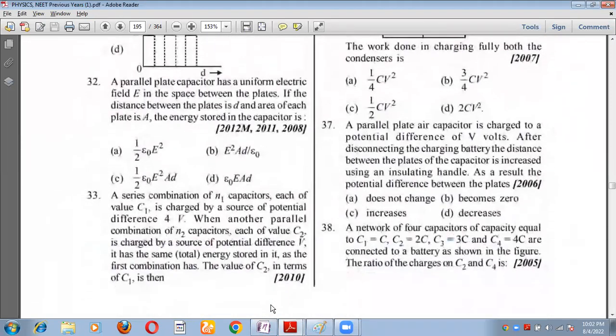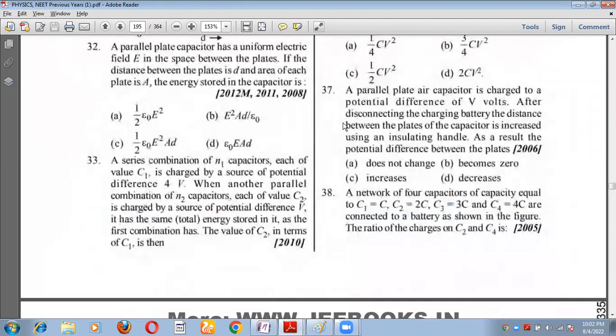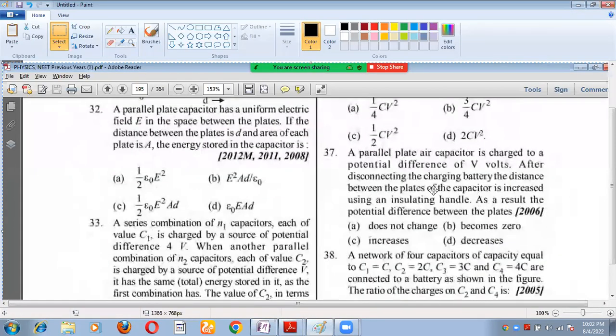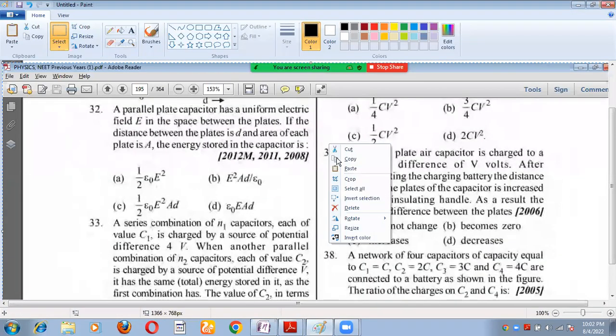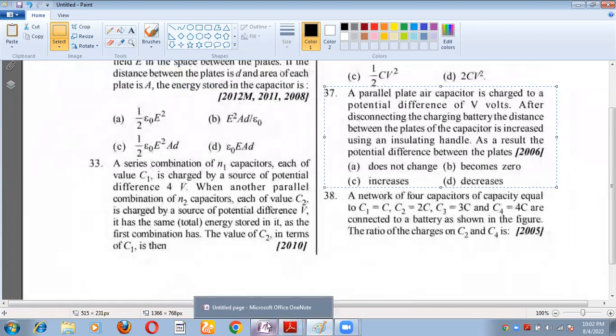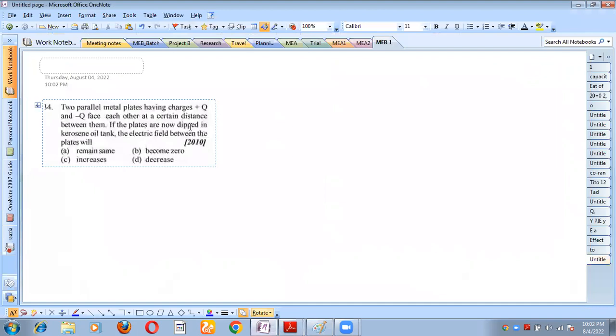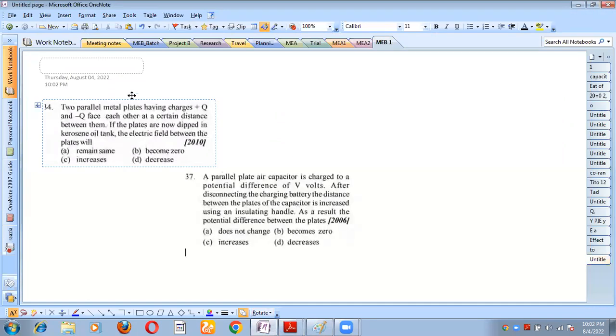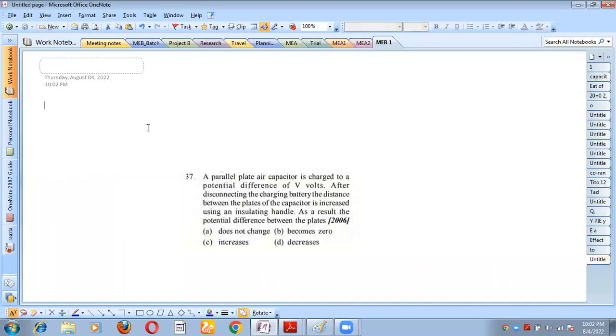Not this one, this one, 37. Try this question number 36.